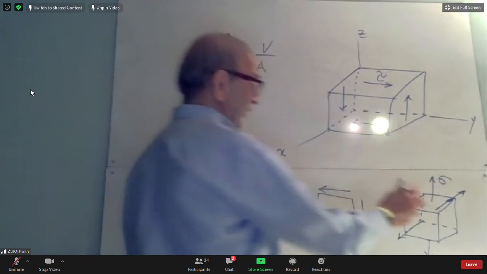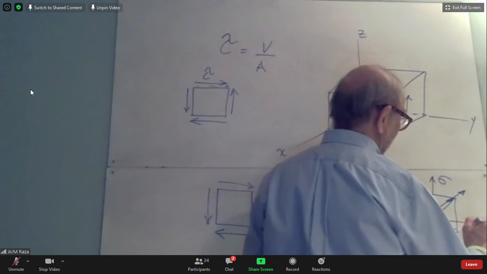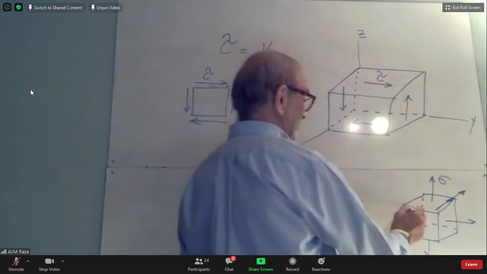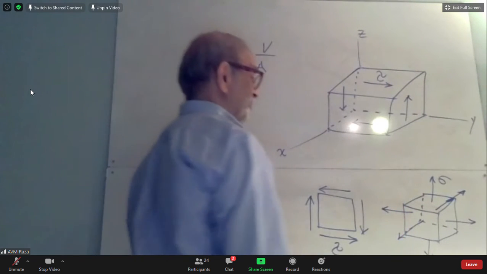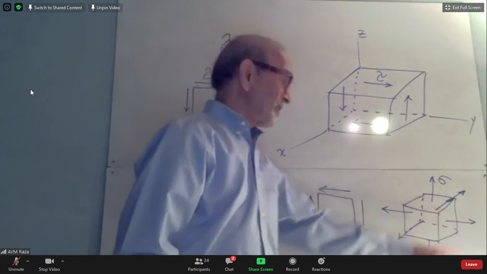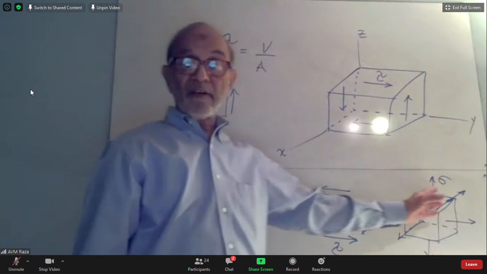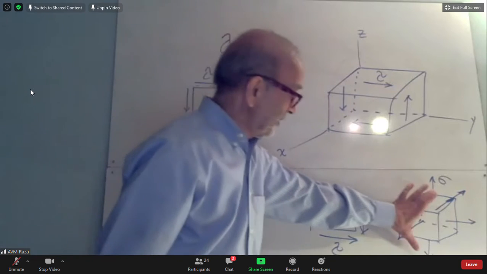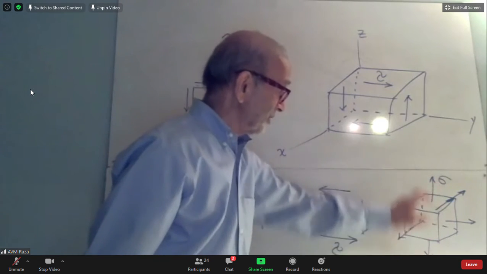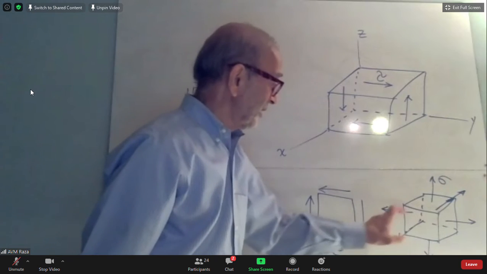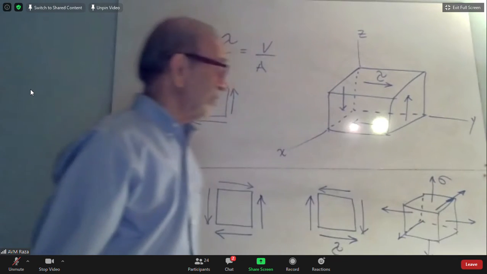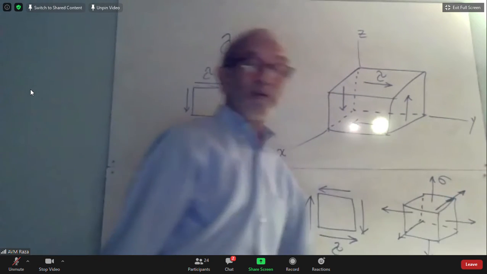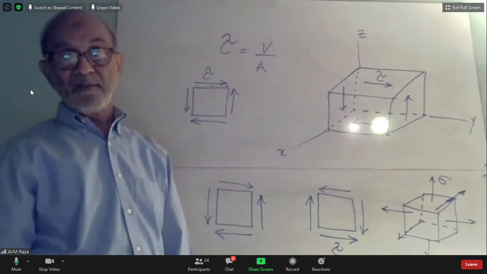And if there was one on the y-axis side, then there will be one to balance that one. So there are also 6 normal stresses, one on each face of the cube. And every 2 have to be equal and opposite. You see what I'm saying?